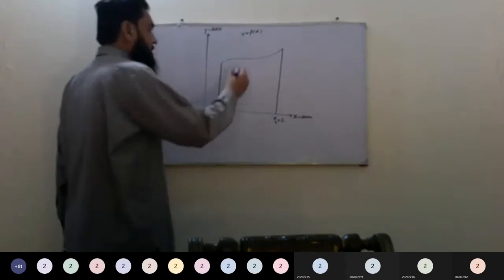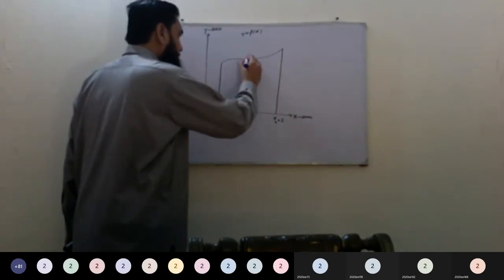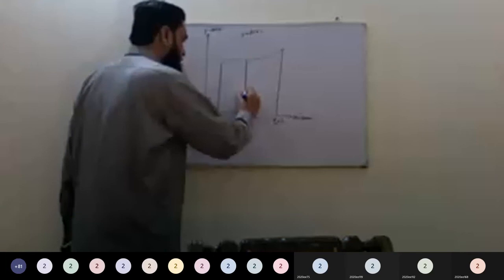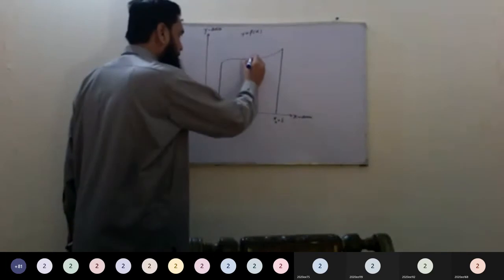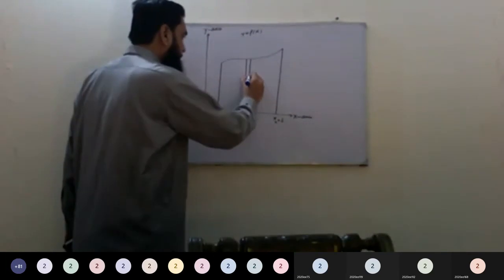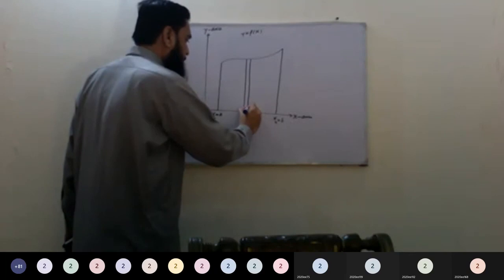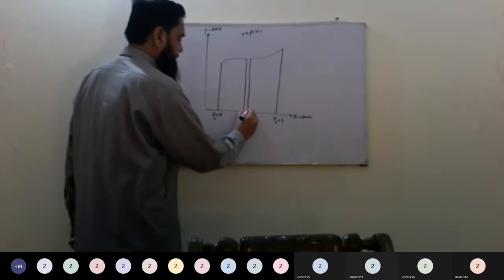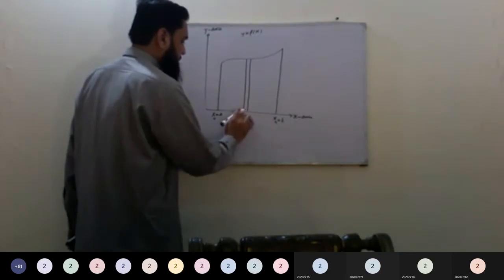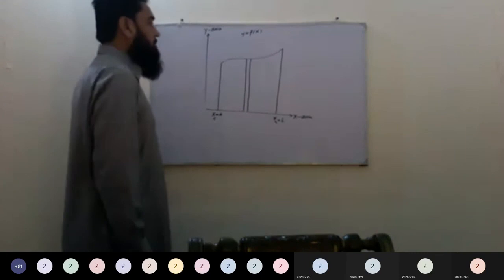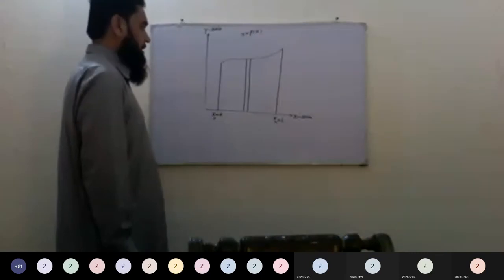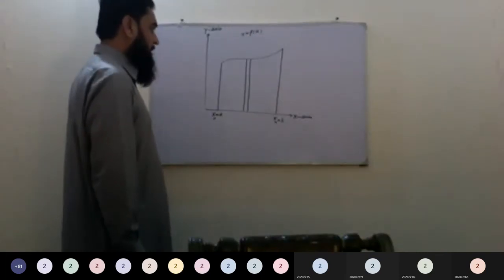We subdivide into a finite number of vertical strips. For example, the kth vertical strip is this one.